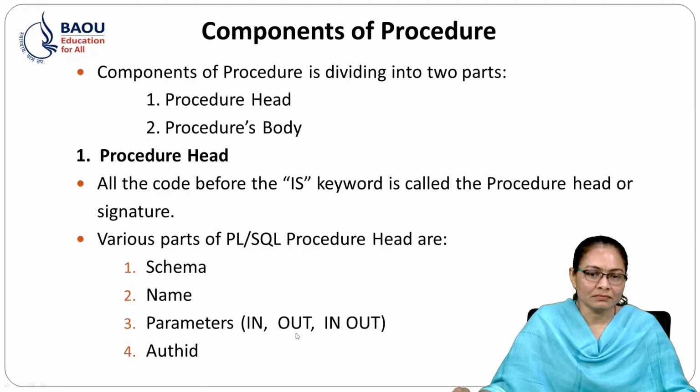Now, AUTHID. This is also an optional parameter. It defines whether the procedure will execute with the privileges of the creator and definer of the procedure or with that of the current user privileges.